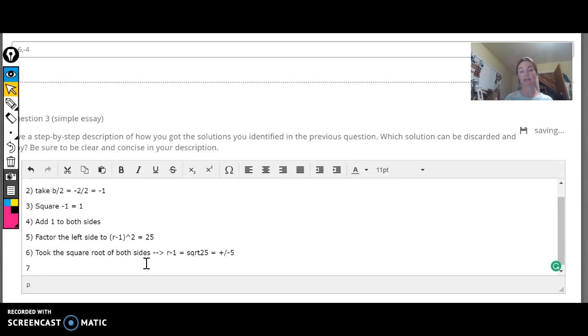And then here's the last thing. Found solutions by setting r minus 1 equal to plus 5 and r minus 1 equal to minus 5. And then we solve for r. Okay, so I do best with completing the square when I think of it as a very, very step-by-step process, and hopefully you guys can benefit from that as well.